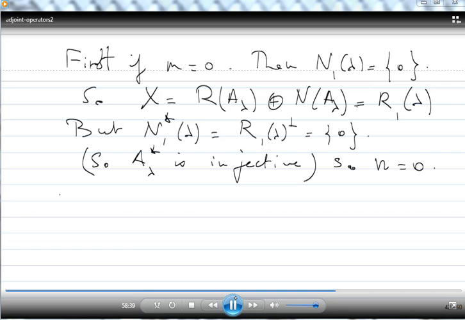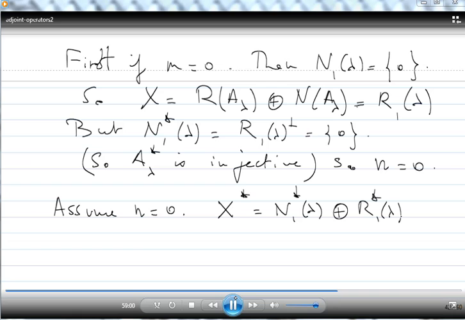Now assume n equal to 0. In this case, same argument, X star is going to be equal to N1 star of lambda plus R1 star of lambda. Same argument. So this will give us what? X star is equal to R1 star of lambda, which means that A lambda star is surjective.